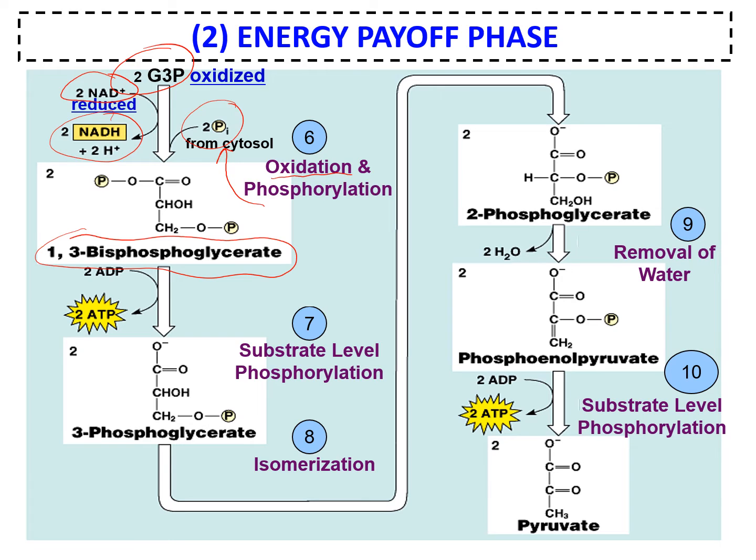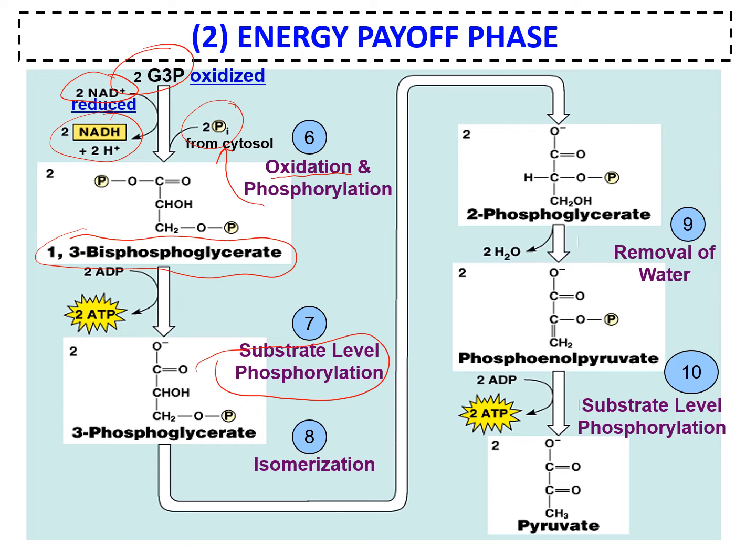Next, step 7 involves substrate level phosphorylation. So whenever you come across substrate level phosphorylation, it means there is a production of ATP. 1,3-biphosphoglycerate will donate a phosphate group, which will be received by the ADP. So ADP will be phosphorylated to form ATP.